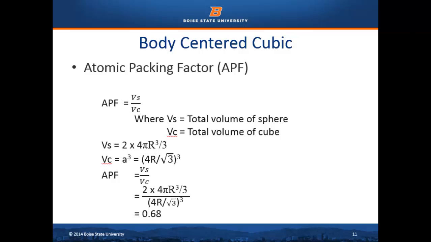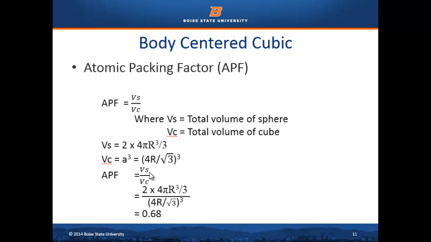Atomic packing factor tells us how closely atoms are packed with each other in a unit cell. The formula of the atomic packing factor is total volume of spheres over total volume of cube. Therefore, if we know the volume of a sphere, number of atoms, and edge length of the cube to determine total volume of cube, we can find the atomic packing factor of a cubic crystal. Here, APF equal total volume of spheres over total volume of cube.